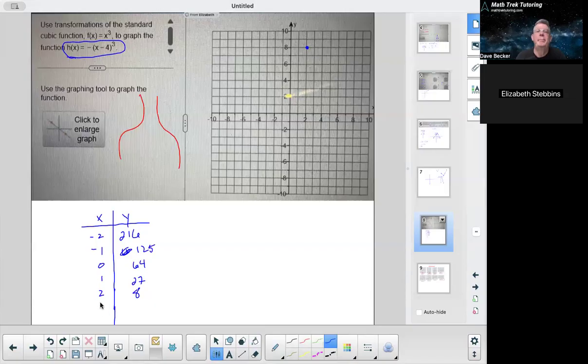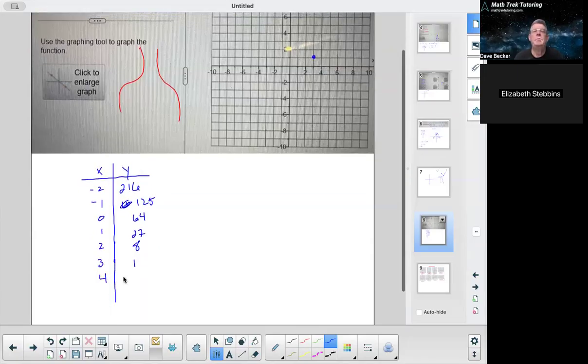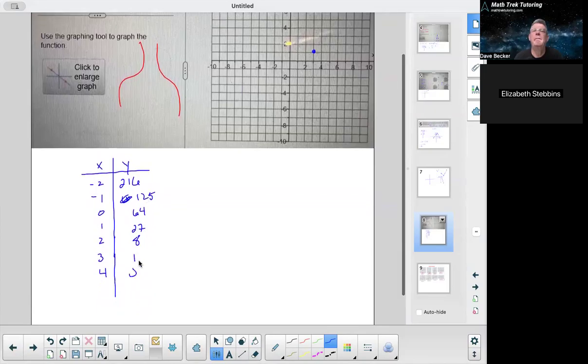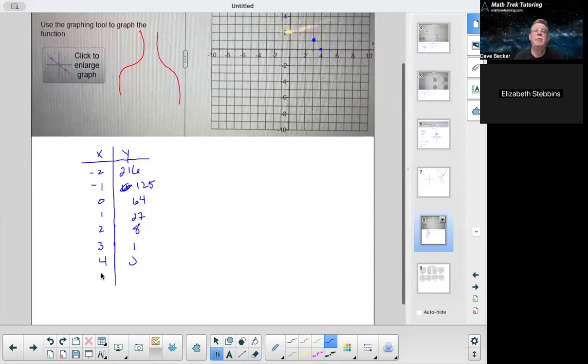Okay, I see. You plug in 3, you get 1. So we're getting somewhere. 3, 1. Plug in 4. 4 minus 4 is 0. You get 0. Plug in 5.